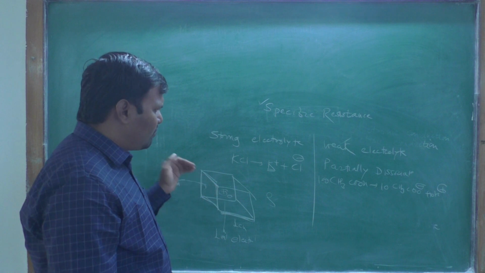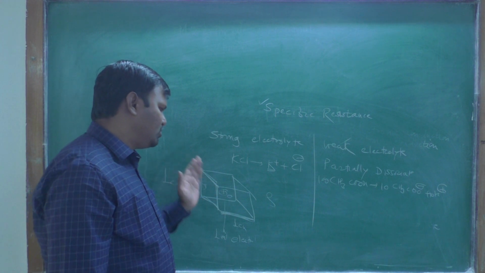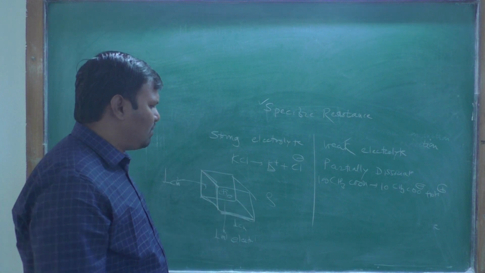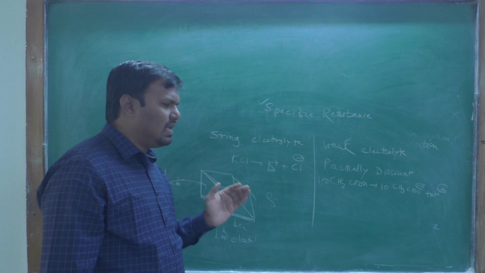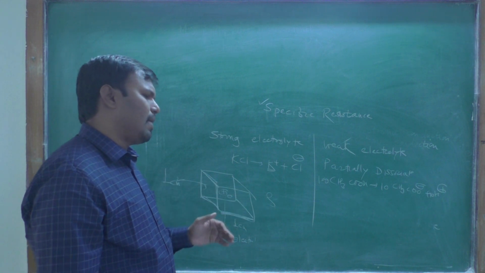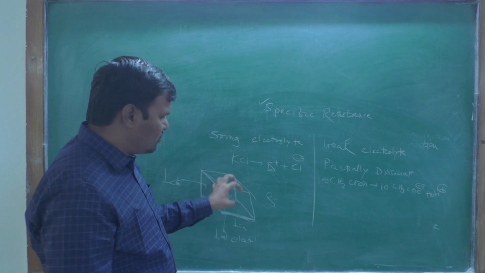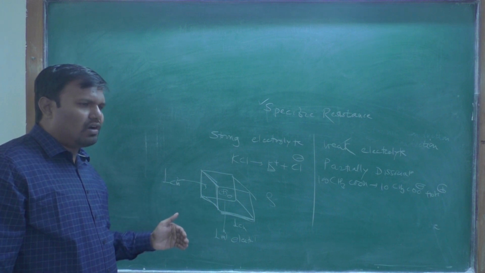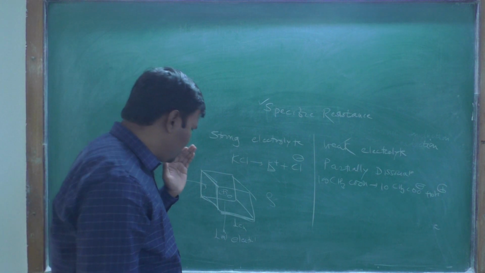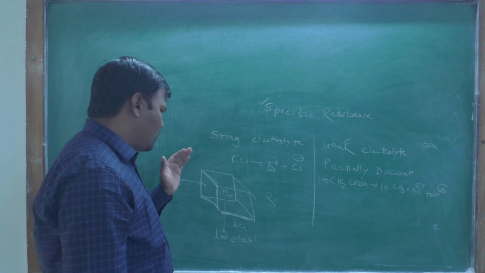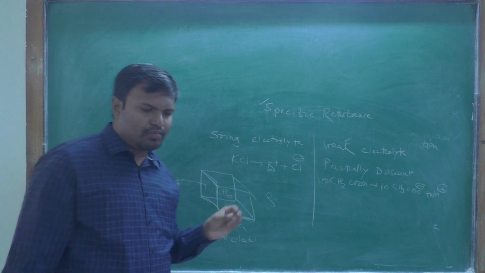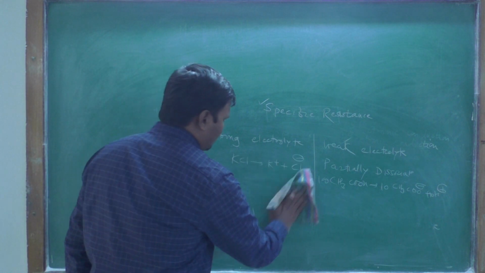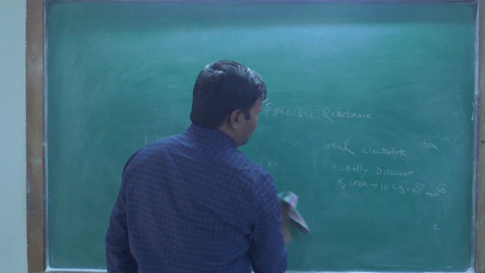Therefore, for a strong electrolyte the specific resistance is lower, but in a weak electrolyte the specific resistance is more, because a very small amount of cation and anion is present in this 1 ml electrolyte. Therefore rho, the specific resistance of a strong electrolyte, is lower than the specific resistance of a weak electrolyte.